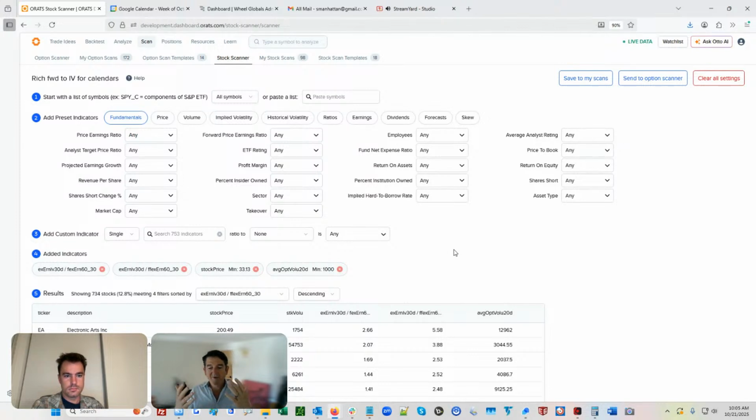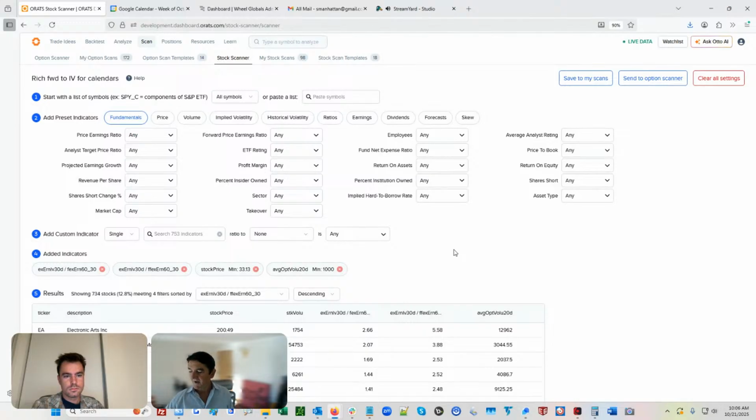And how do you know if it's cheap? It's cheap versus the front month, so the volatility between those two versus that 30 days. So 30 to 60 forward. What I do is say the 30-day divided by the 30-60 is the ratio that we're looking for. Does that make sense?